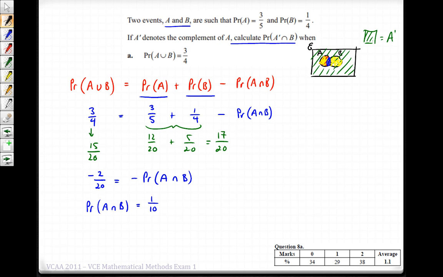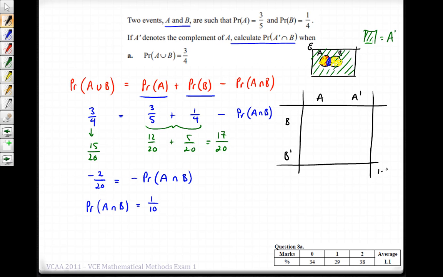So you might not quite see why we've done that yet, but what I'm going to do is construct a probability table now that's going to make use of the information I just found. So a probability table set up like this: A and A dash, B and B dash. And we know that the whole probability is 1. We know that the probability of A in the green up here is 3/5. We know the probability of B in the orange is 1/4.